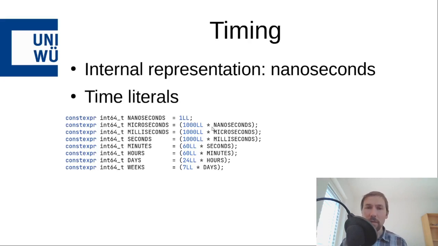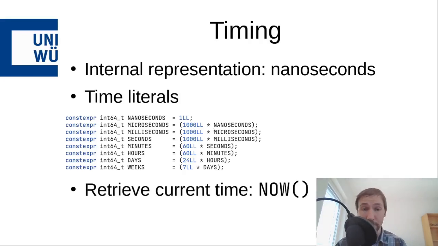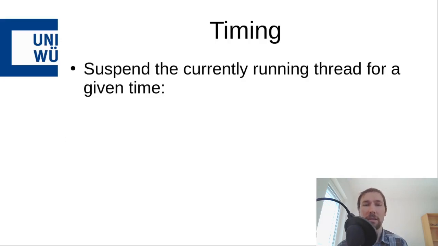At any given time, you can retrieve the current time with this small function that is called now. And as you might have guessed, this function just returns the current time since starting the program in nanoseconds. You can suspend the currently running thread for a given time by calling this at function.